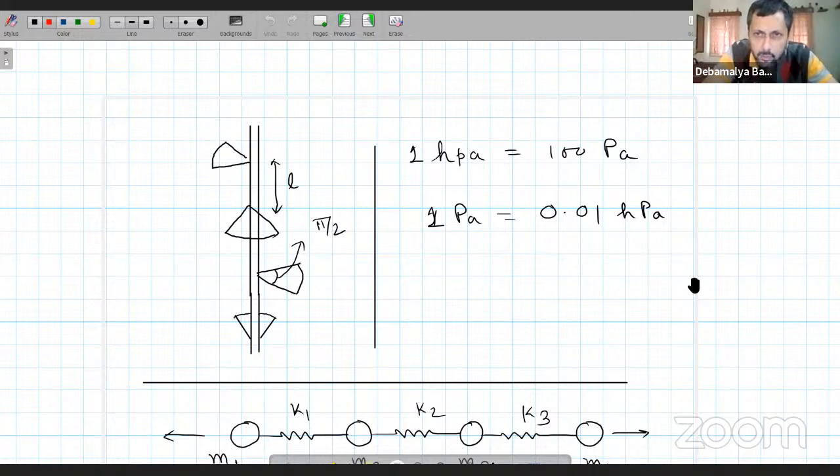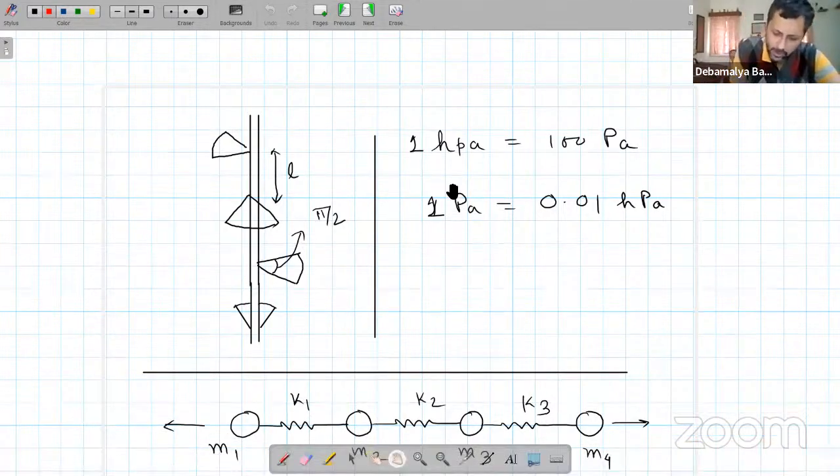What are you trying to tell me? If 1 hectopascal is 100 Pascal, then are you talking about conversion? I don't know. Anyway, let's look at it this way.